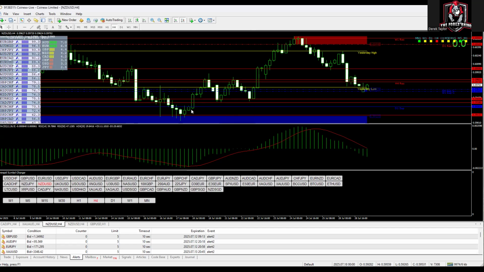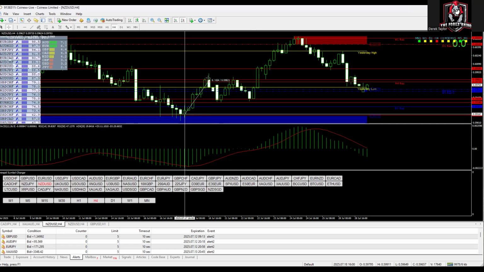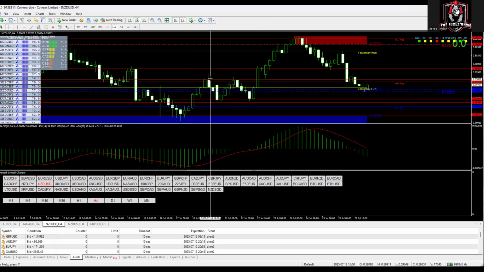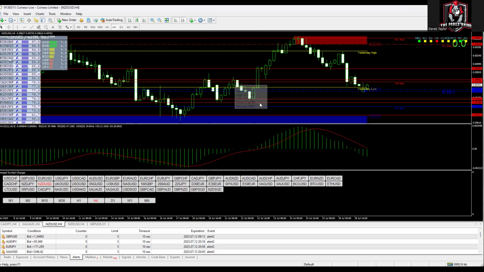Now, if you'd have started this back here, here's 64 pips, and you're basically giving two thirds of it back. But this candle formation does not tell me to get out of the trade. Neither does this one. But this dude right here would probably have been the one that really bothered me. But it wouldn't have stopped me from getting in the trade.